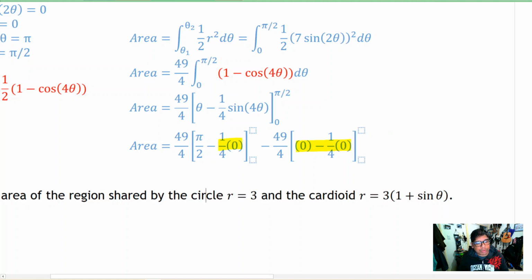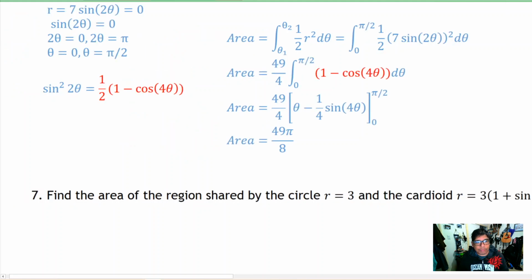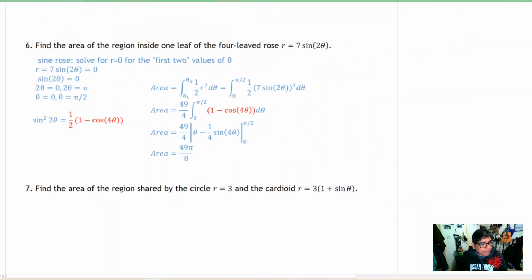We'll simplify out those zeros. And this gets us to our final answer, which is 49 pi over 8. Great. So that is the area of one leaf of a four-leaved rose curve.